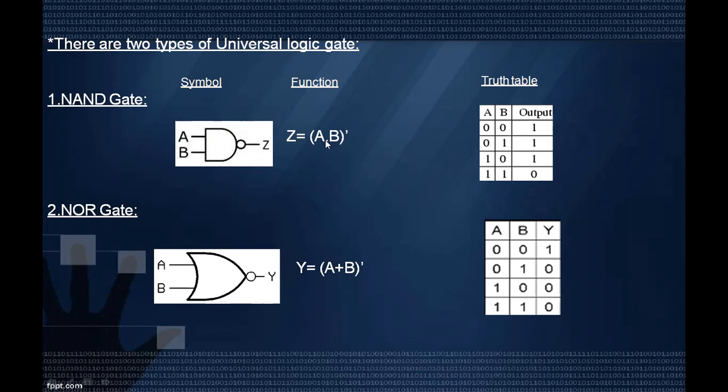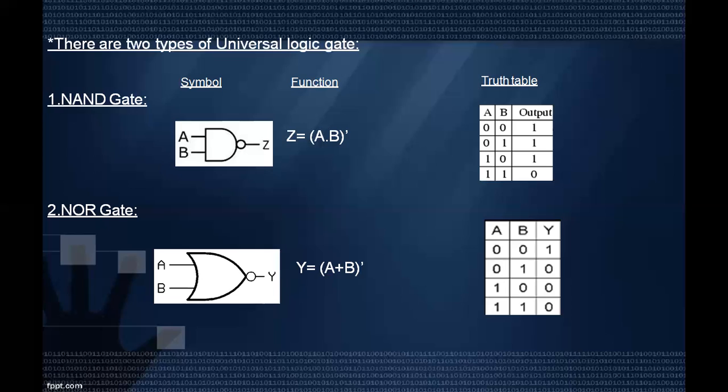Previously we learned AND gate, and we have to put a prime here just to get the not AND, that is NAND gate. And here the output value of this NAND gate is just the opposite of AND gate, that is in AND gate we get the results 0 0 0 and 1, and in NAND gate we got the opposite result of AND gate.